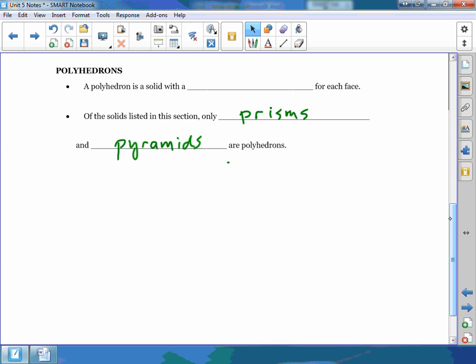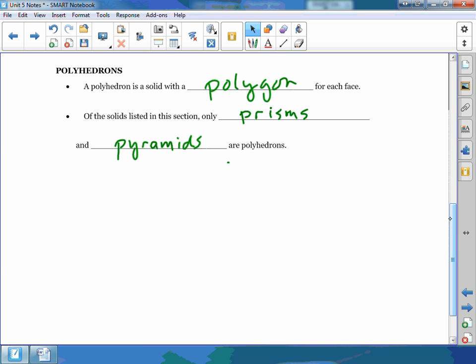Polyhedron must have what, Lane? Well, so a cylinder has a base as well, so does a cone. But something about the shape. Natalie? It has to have a polygon for each face. Right? Polygon.